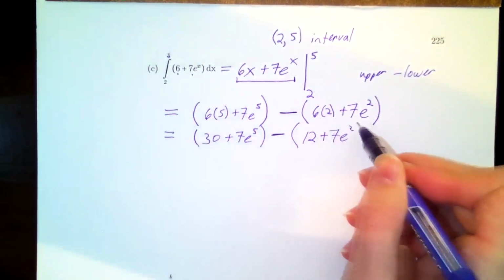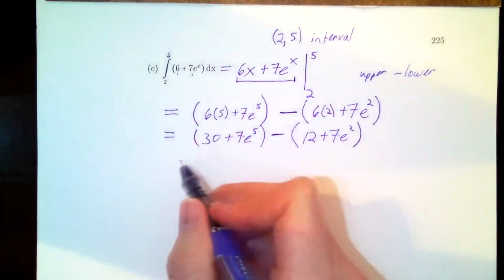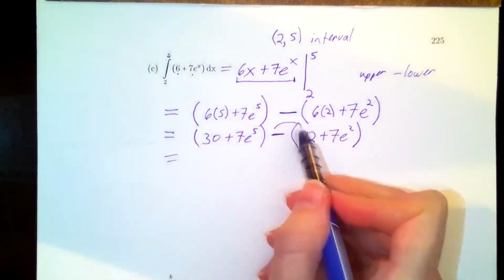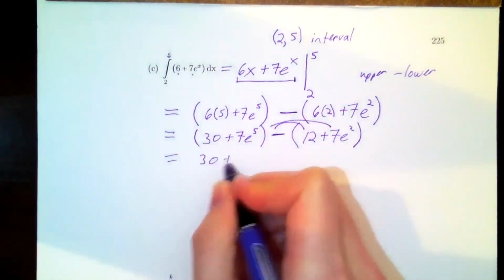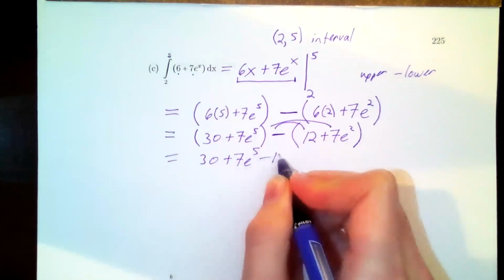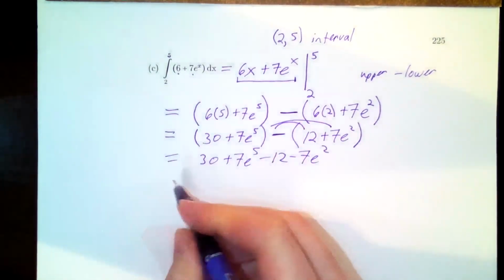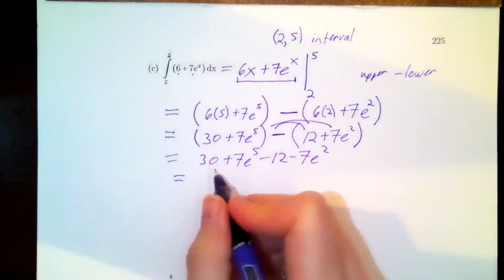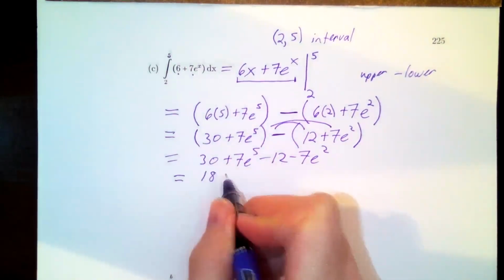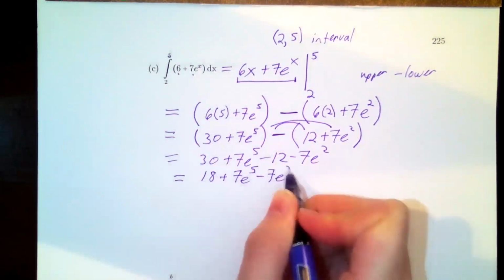I'll leave 7e squared as a not decimal. So let's distribute the minus sign here. You end up with minus 12 minus 7e squared. There we go. 30 minus 12 is 18. So in its exact form, we have 18 plus 7e to the 5th minus 7e squared.